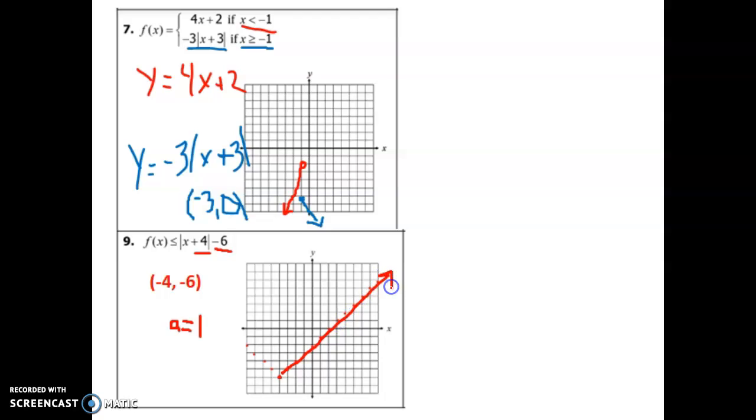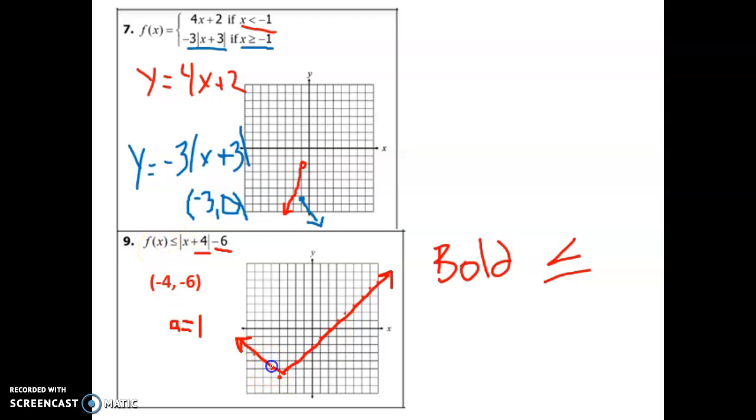Now, our function is less than or equal to, so that's how I know I can make a bold line. If it was just less than, we'd have to make that dashed. It's a bold line because of the less than or equal to. Now, remember, inequalities mean we have a range of values.